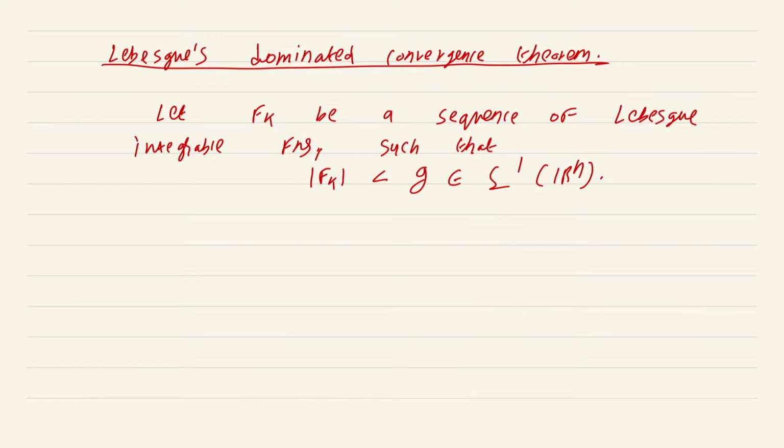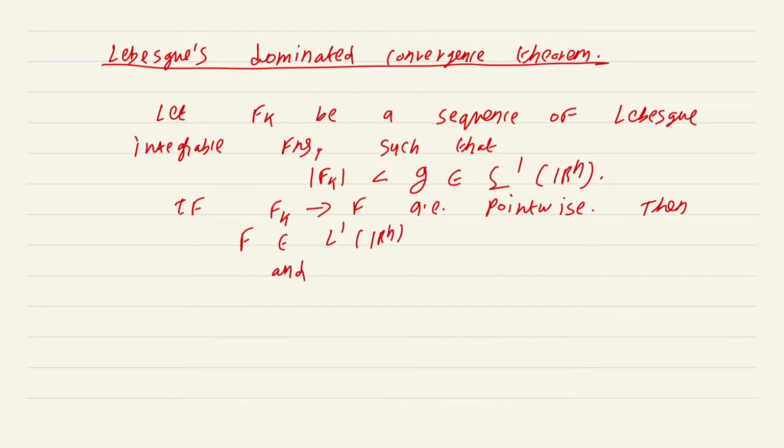If fk converges to some f almost everywhere pointwise, then f is Lebesgue integrable, and as you expect, the integral of fk converges to the integral of f. So this is one of the central facts. This is what makes the Lebesgue theory so much more convenient than Riemann integrals. You have nice behavior under convergence.